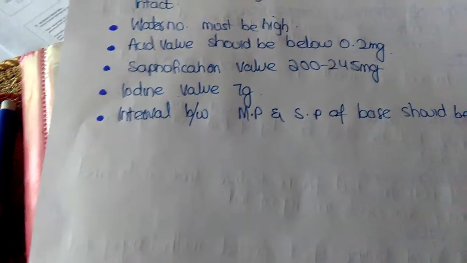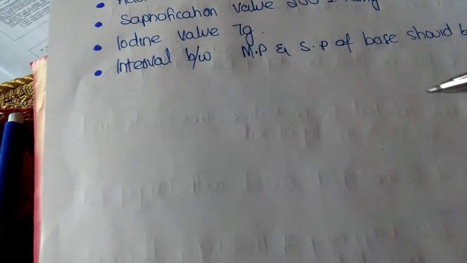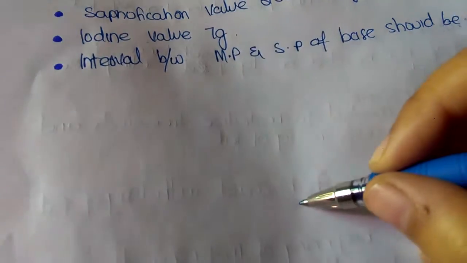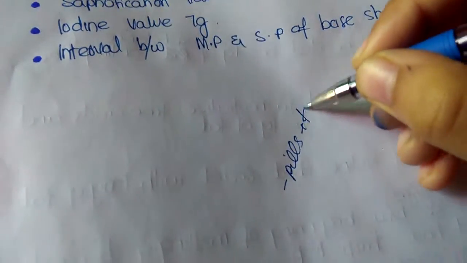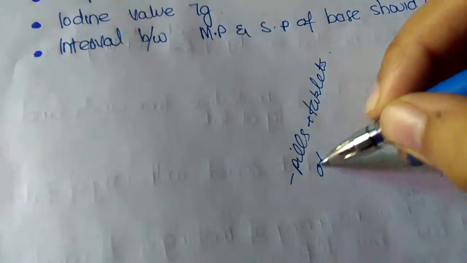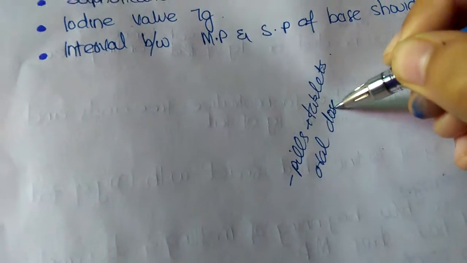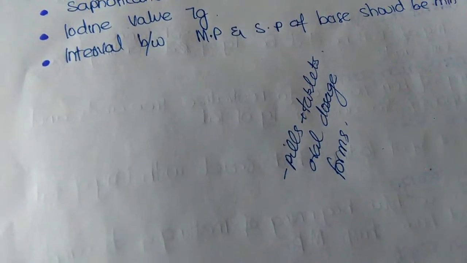And why do we use suppositories? It's important to know that sometimes it's difficult for people to take pills or tablets, or any sort of oral dosage forms, so we usually give them suppositories to relieve them from the anxiety of taking pills and tablets.